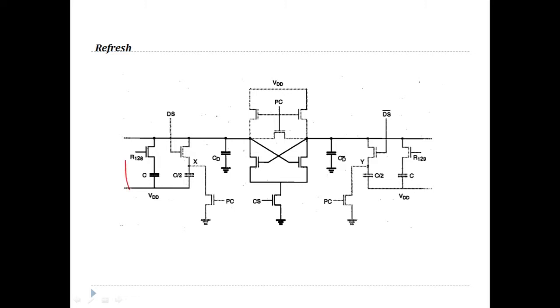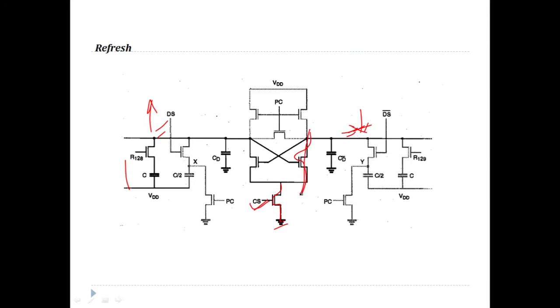Now, if it is carrying one, that means it has a small voltage on the higher side as compared to this because it drops during the read operation. And after read operation, immediately next operation is refresh operation. So CS is one. So because of this, this is on. And as this voltage is little higher, left hand side voltage is higher than right hand side, this turns this on.